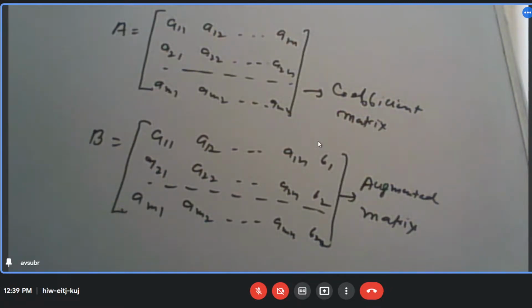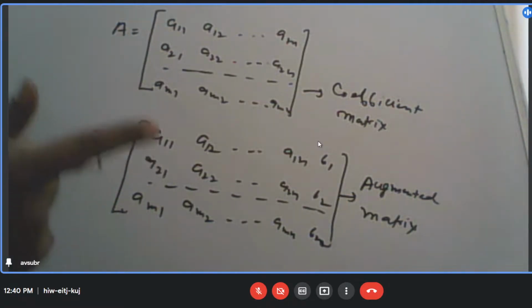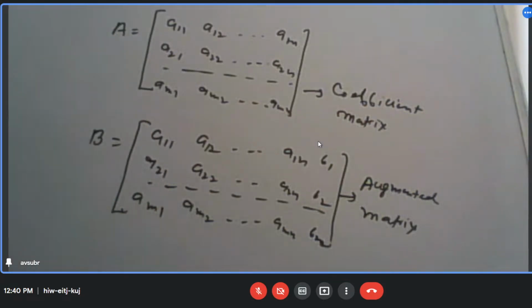Now there are three things which we need to remember for the consistency of non-homogeneous equations. Has everybody written down all these things? Yes, sir.